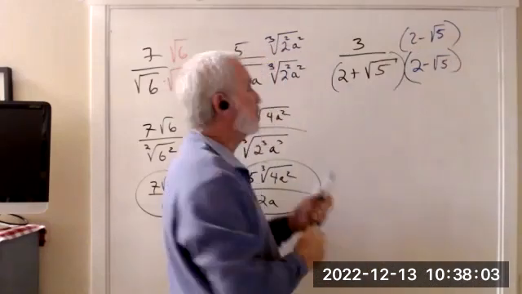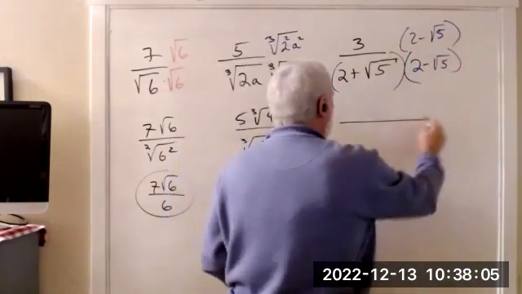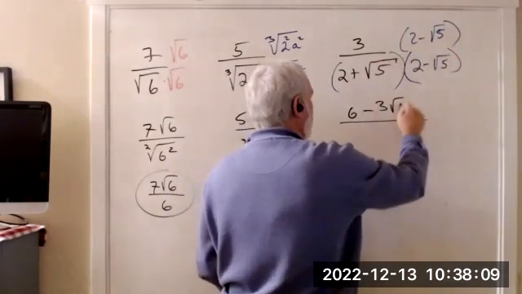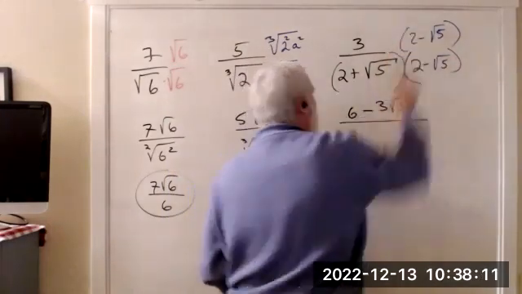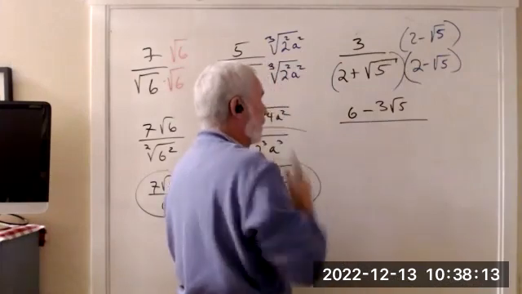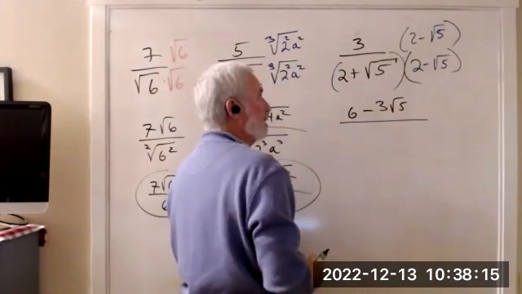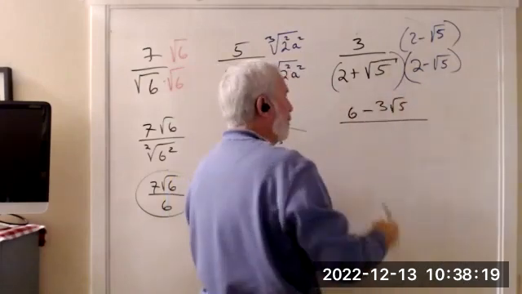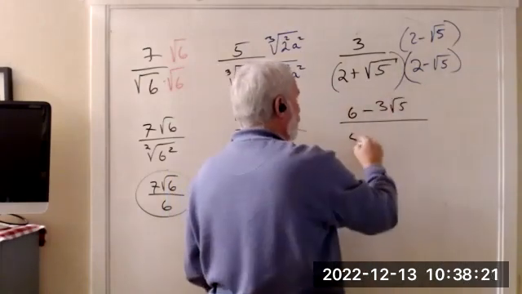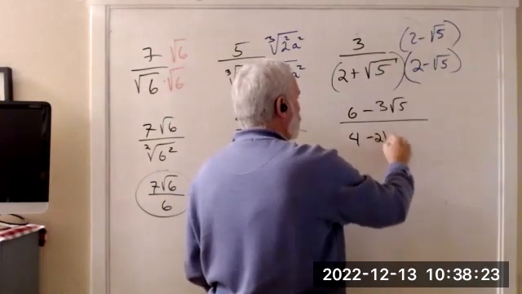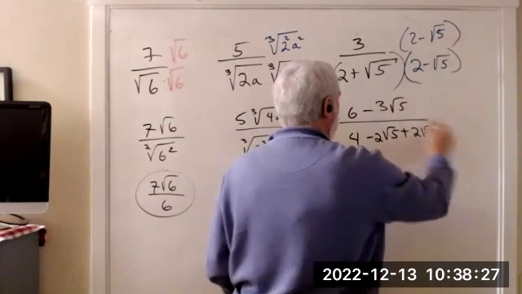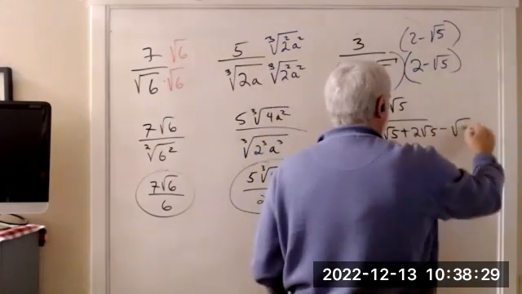So this gives us on top, we have 6 minus 3 radical 5, because we distribute the 2 to everybody, and 3 to everybody. But on bottom, we have to FOIL everybody together, so we have 4 minus 2 radical 5 plus 2 radical 5 minus radical 25.